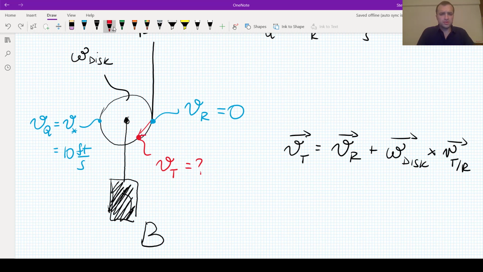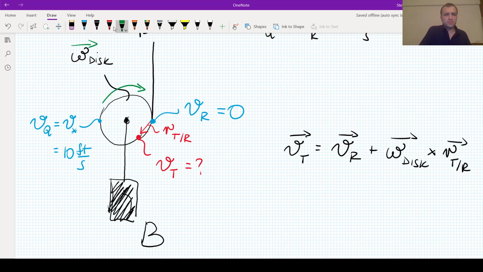Oh, excuse me for that. This is our RTR. Okay, and I believe that omega rotates this way.